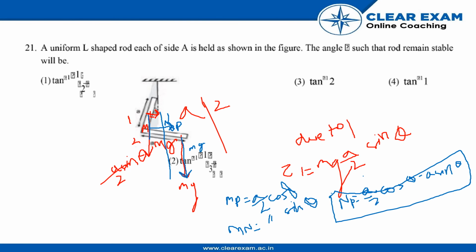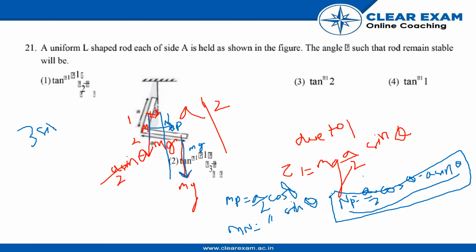So at last, after cancellation, we equate this equation with mg A by 2 cos theta and A by 2 sine theta.